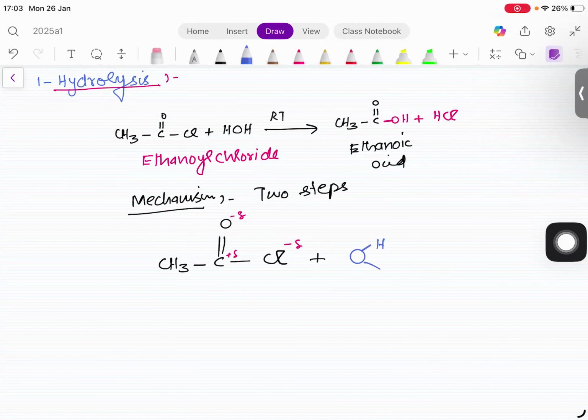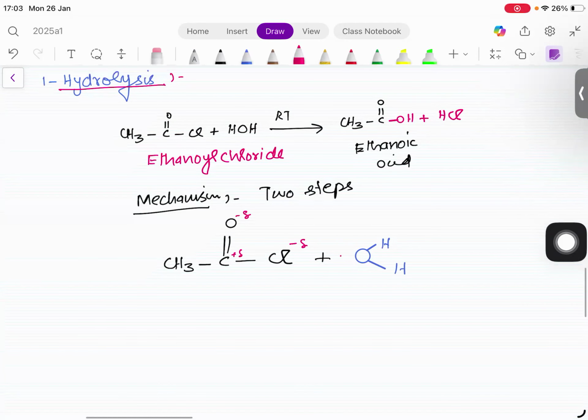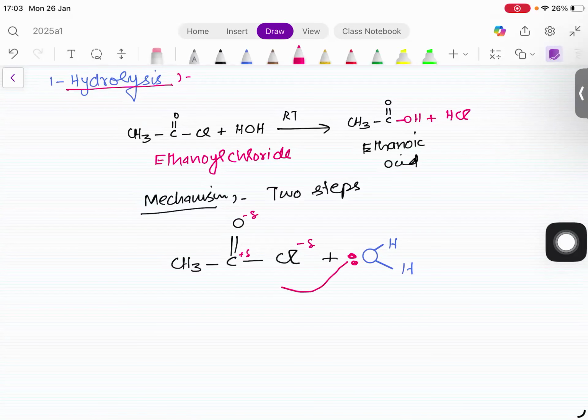Now, when you react with water, please pay attention. Water can act as a nucleophile because it has a lone pair of electrons on oxygen. So water is going to use this lone pair to form a dative covalent bond with carbon. In organic chemistry, most bonds are formed like this, always dative: a bond with sharing, but the shared pair of electrons is given by one atom.